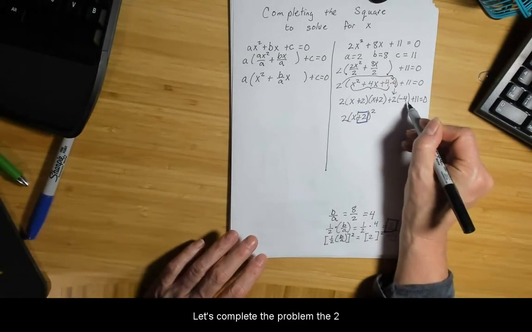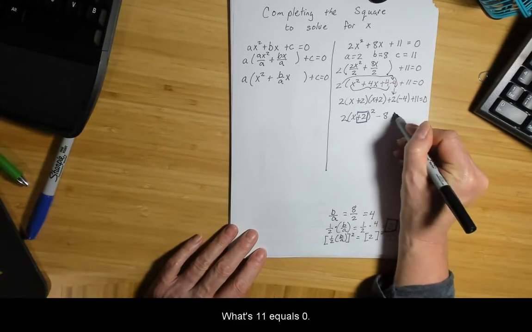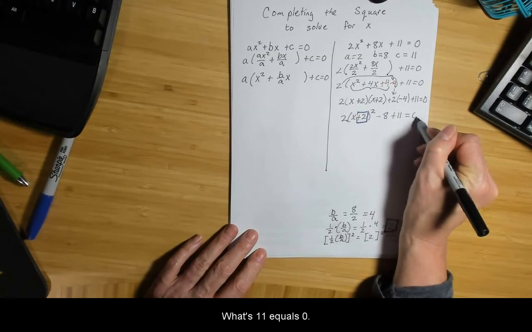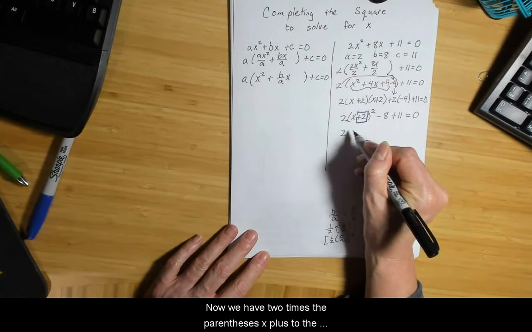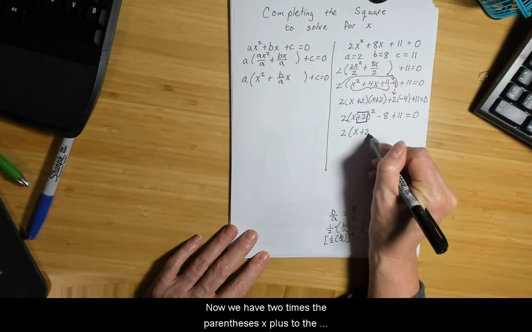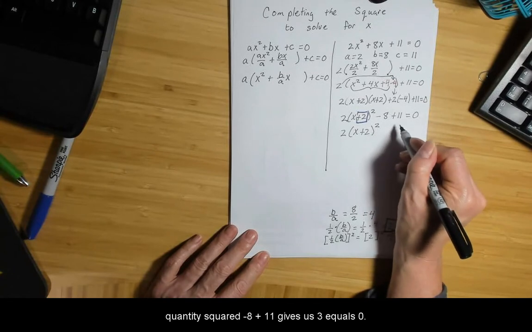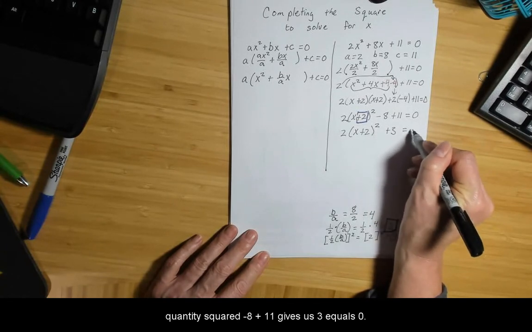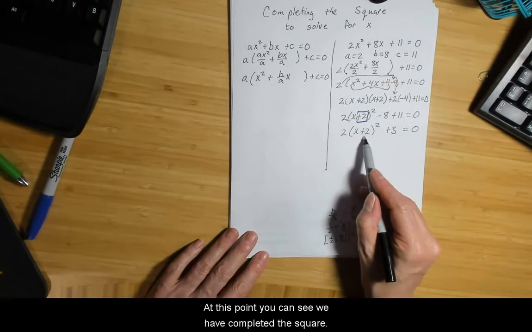The 2 times negative 4 would give me minus 8 plus 11 equals 0. Now we have 2 times the parentheses, x plus 2, the quantity squared, negative 8 plus 11 gives us 3, equals 0. At this point, you can see we have completed the square.